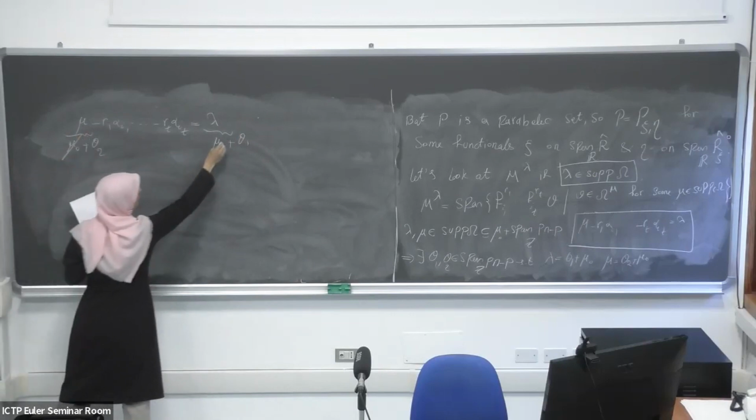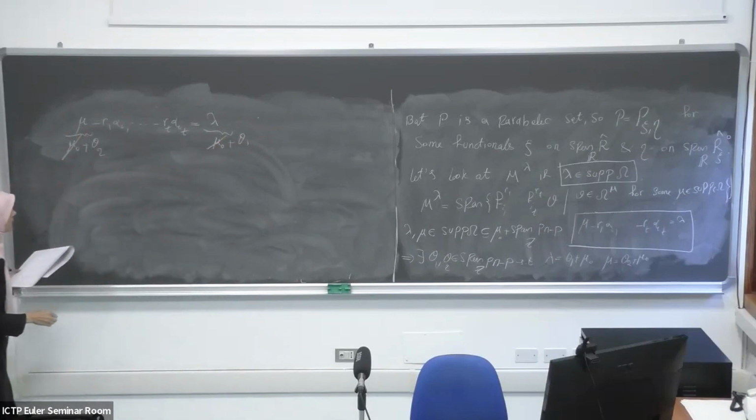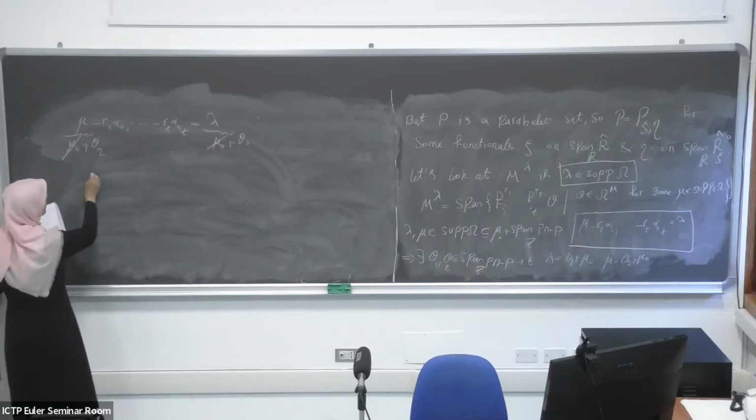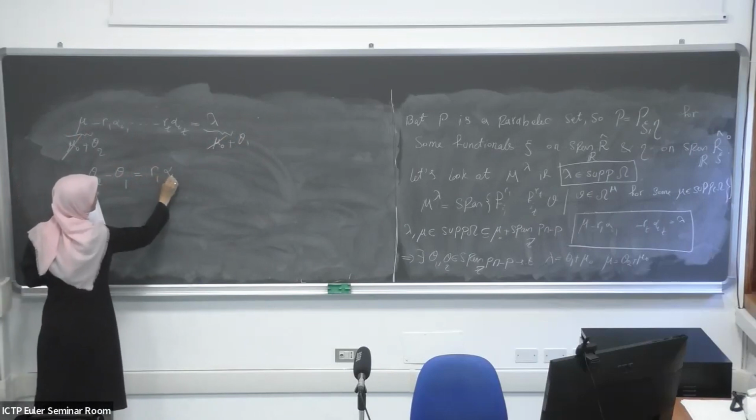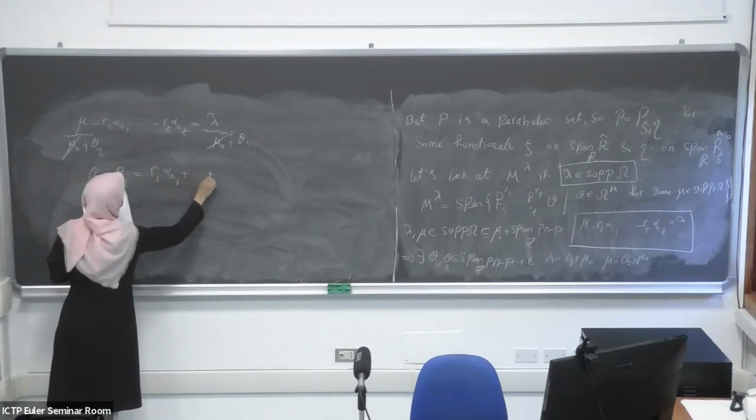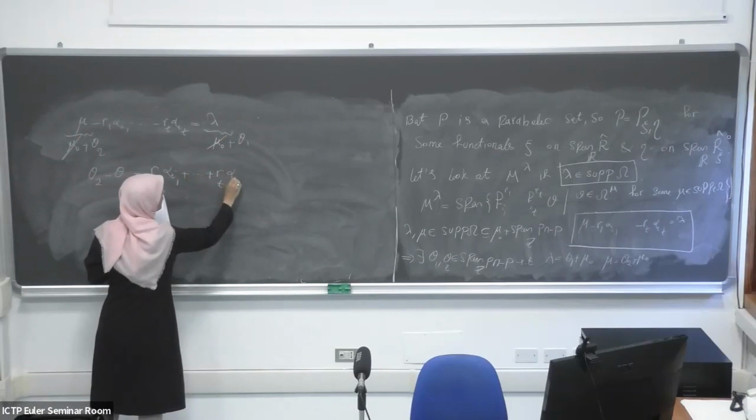We can remove these mu0's. So what we have, theta 2 minus theta 1 is R1 alpha I1 plus RT alpha IT.